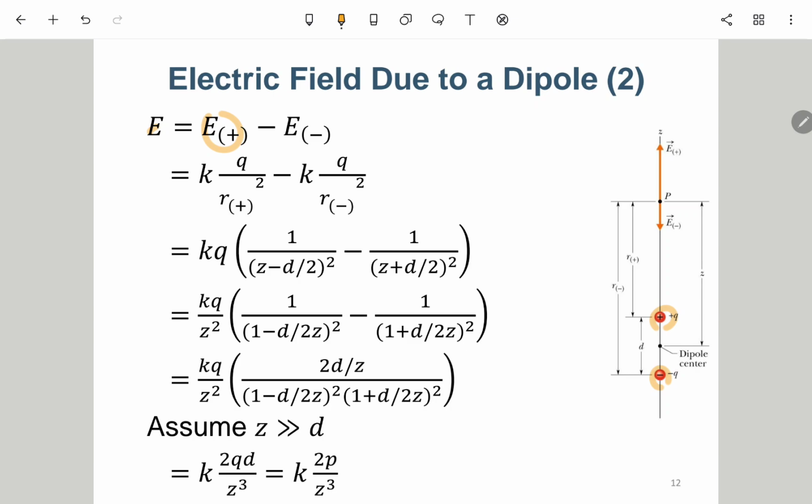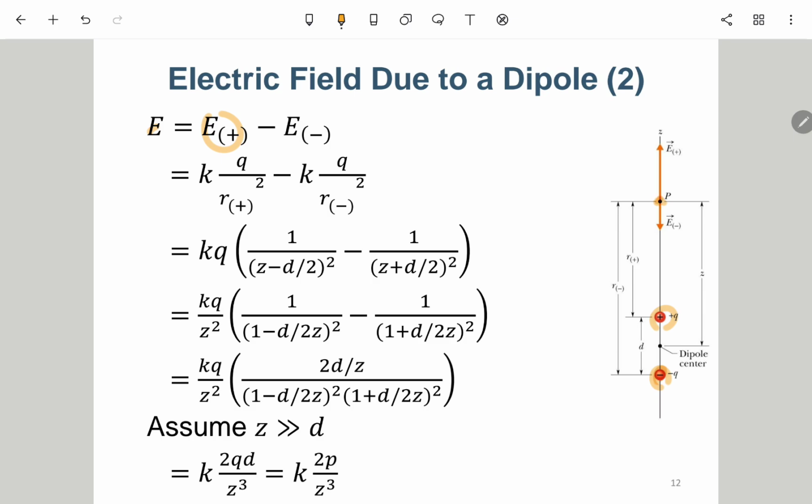Originally it should be adding them together, but as much as we know, the positive charge will generate an E field pointed away from it. So at this point P, E plus should be pointing upward. For E minus, this is a negative charge, so the E field should be pointing towards this negative charge.